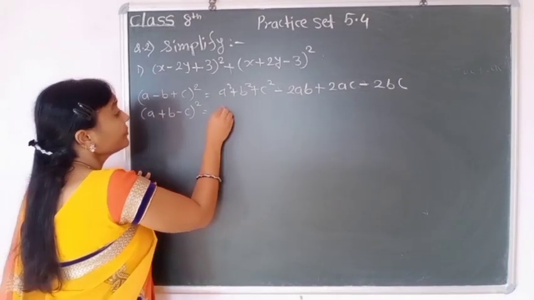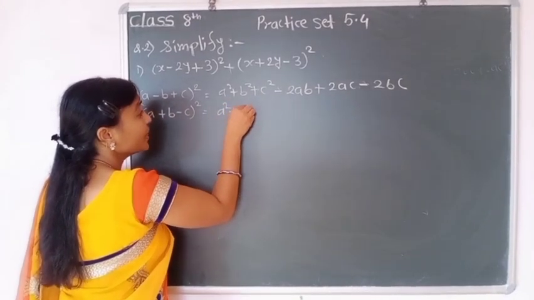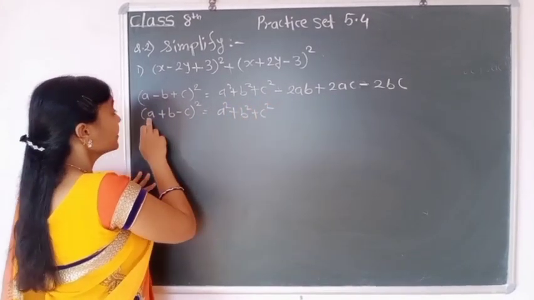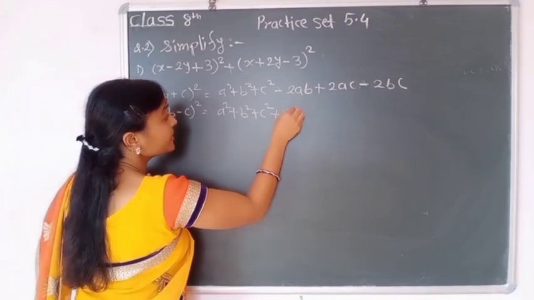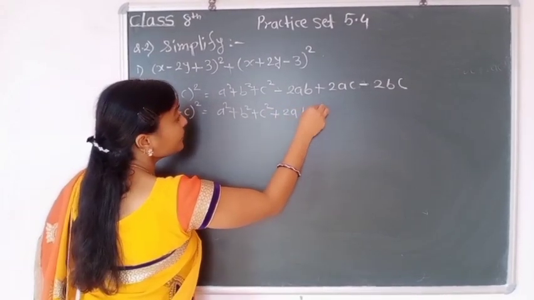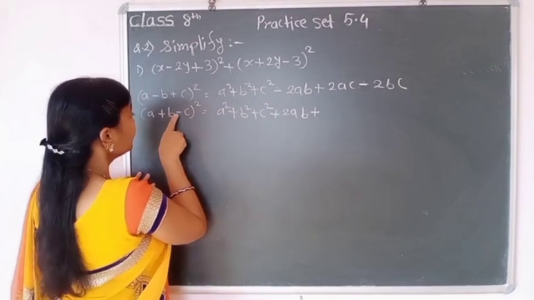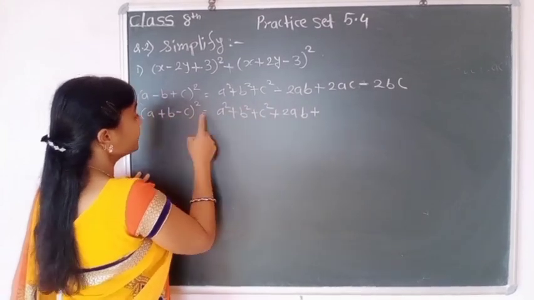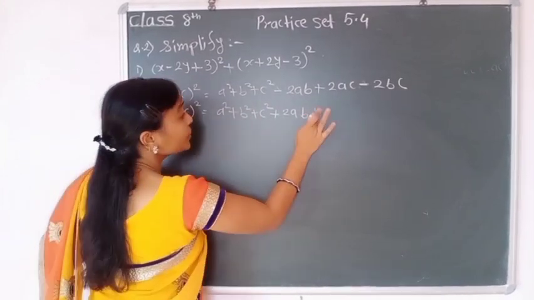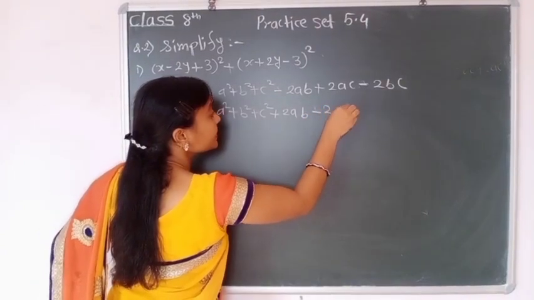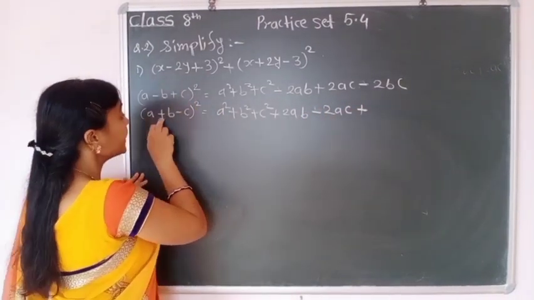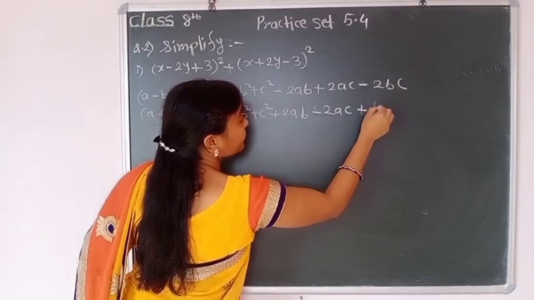Again, a square plus b square plus c square plus twice ab plus twice ac. But here c is negative, so here is minus twice ac plus twice BC.